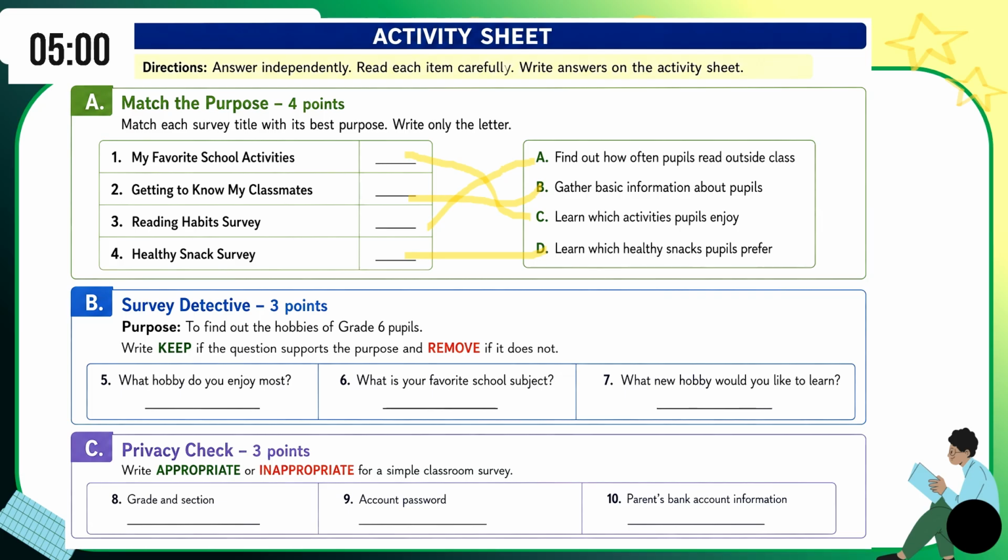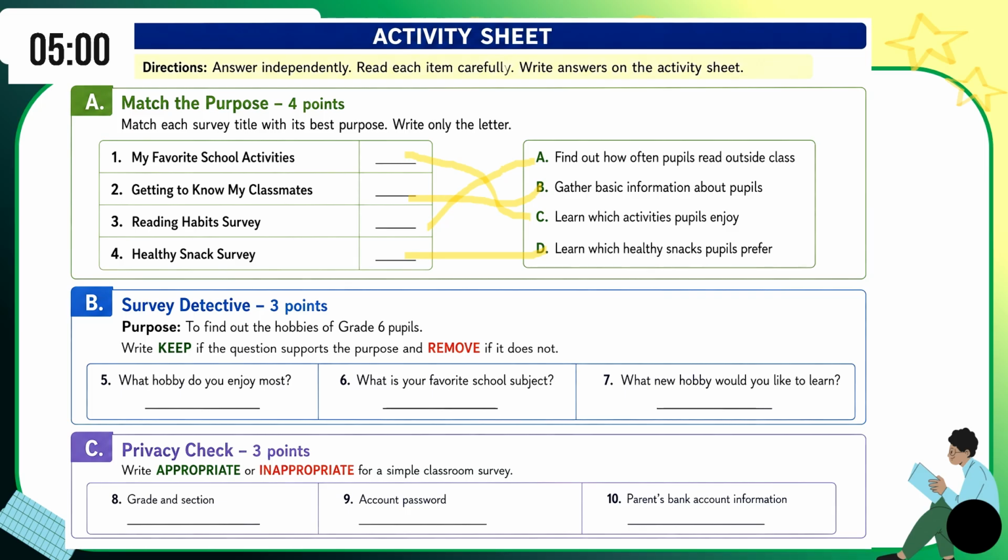Each survey must have a clear purpose. The title gives us the clue about the information the survey is trying to collect. For example, a reading habits survey should ask about how often students read, while a healthy snack survey should focus on the healthy food pupils prepare or prefer.